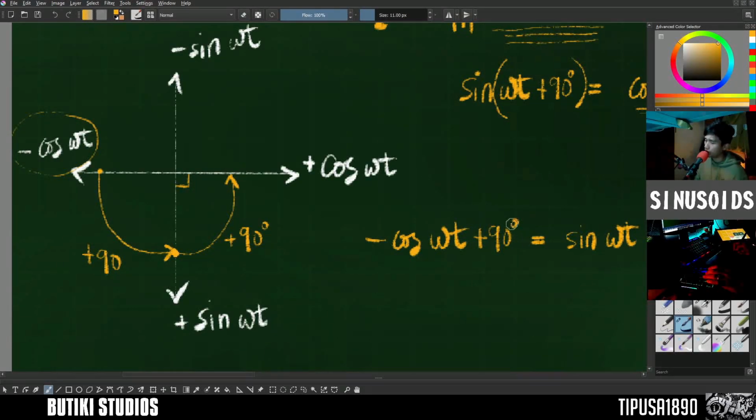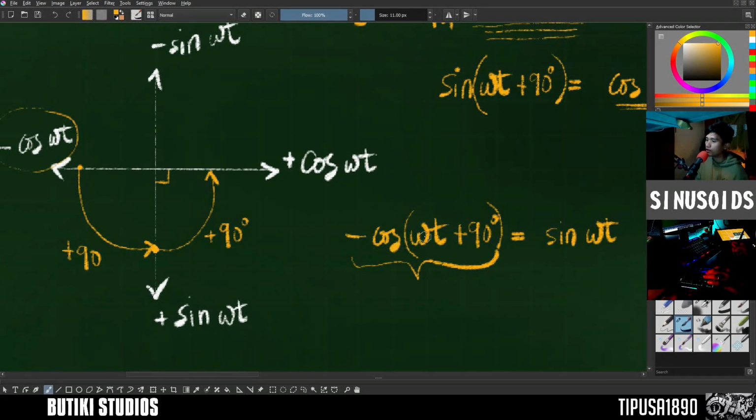So you have to be mindful sa argument sa pagbutang sa parenthesis, kay ang omega t ra may plasan og 90 degrees. Nga dapat yan pagkasulat. So ang negative cosine omega t plus 90 degrees equals sin omega t.